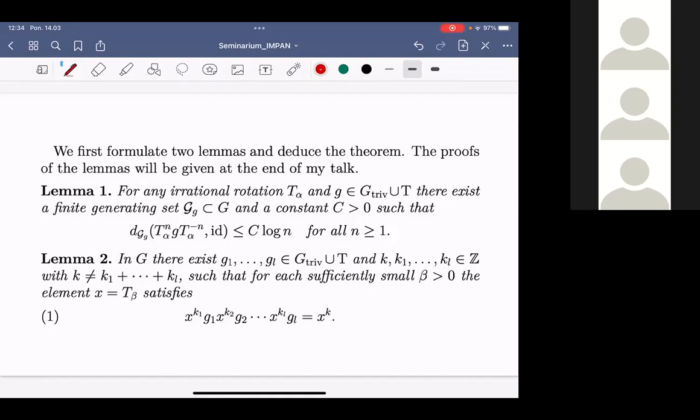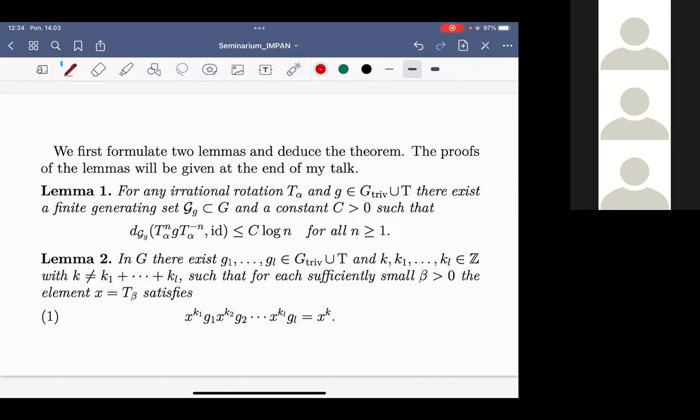And in the second part of my talk, I would like to give the proofs of these lemmas as well. They will be elementary. Everything will be elementary.